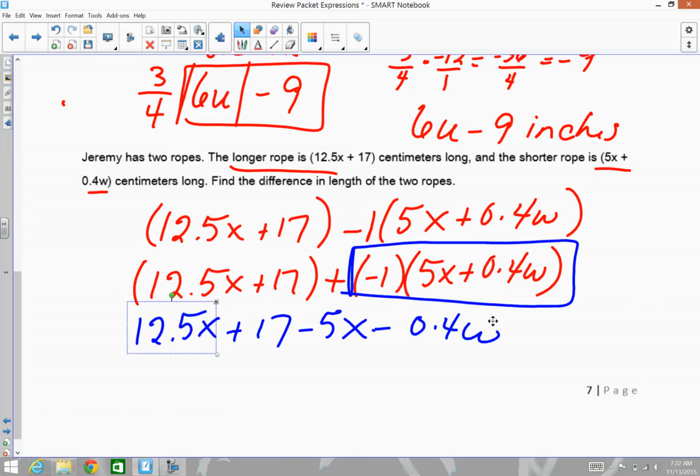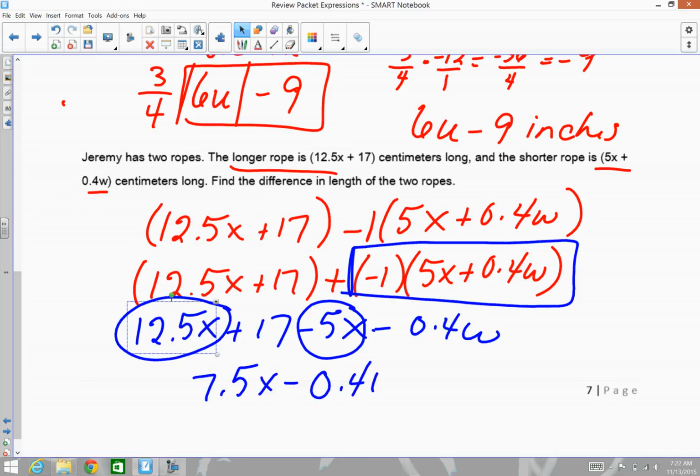Okay, and all that's left is to combine -5x with 12.5x. We get 7.5x minus the 0.4w plus 17, and our label is centimeters. Okay, so we made it. Hopefully that was helpful. Now it's your turn to go study your mistakes. Good luck.